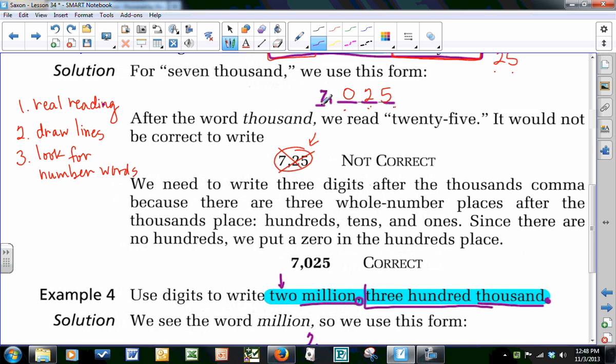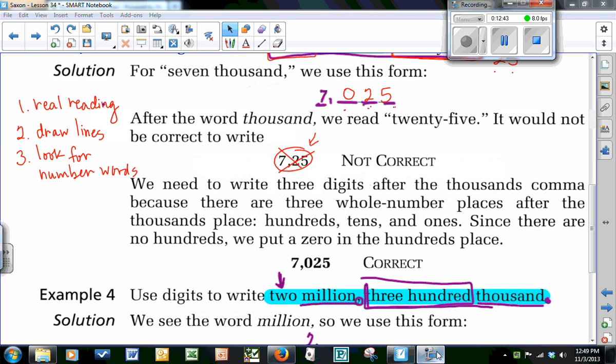Draw your lines, your place value lines right here, and look for those number words like we did right there, like 2 or 300. That's a number word. All right, persevere until you get this right, because you know, say it with me, quitters never learn and learners never quit.